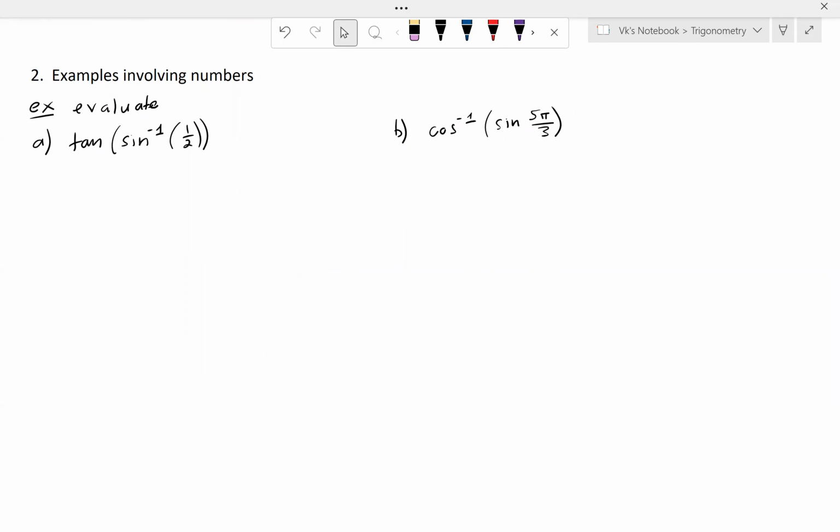Let's evaluate tangent of arc sine 1 over 2. Well, we know arc sine 1 over 2 is an angle. So that 1 over 2 is exactly sine of that angle.